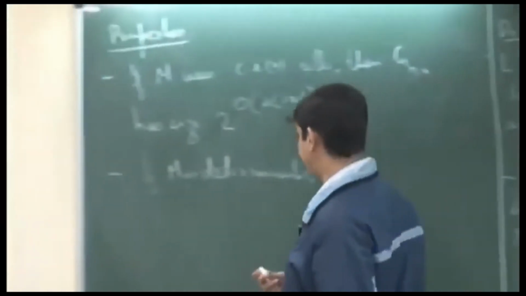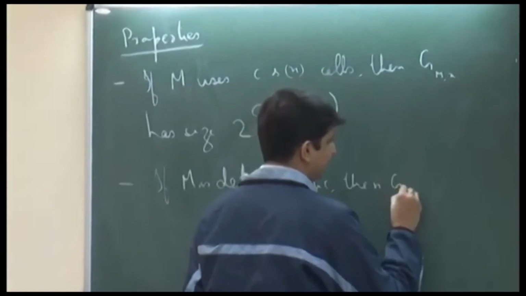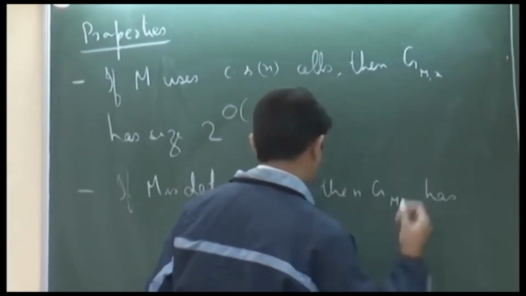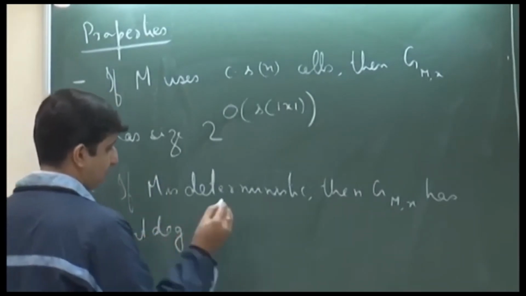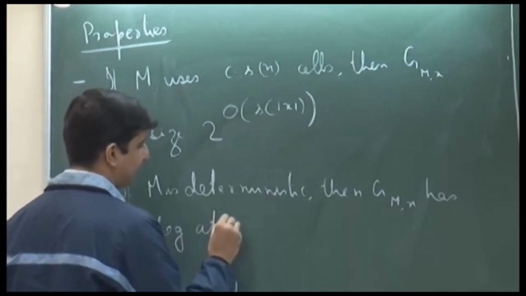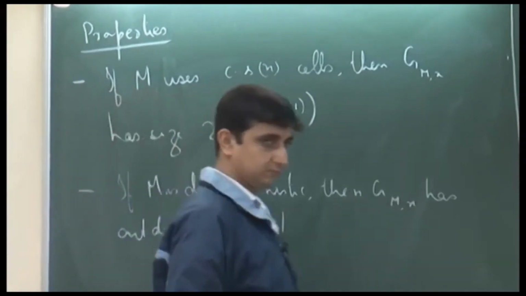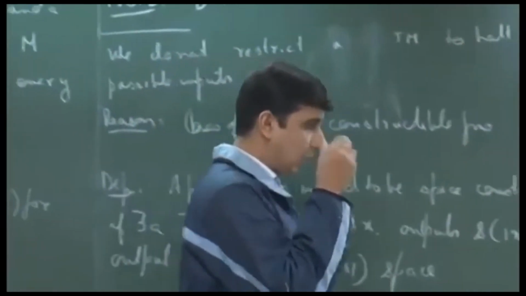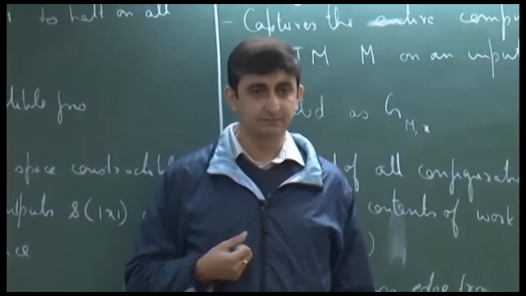If M is deterministic, then G M of x has out degree at most 1, because some configurations can be halting configurations from where you do not have any outgoing edges.